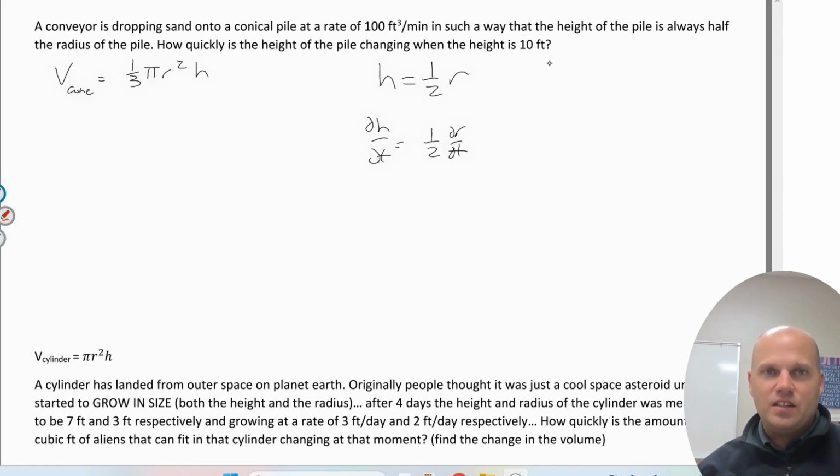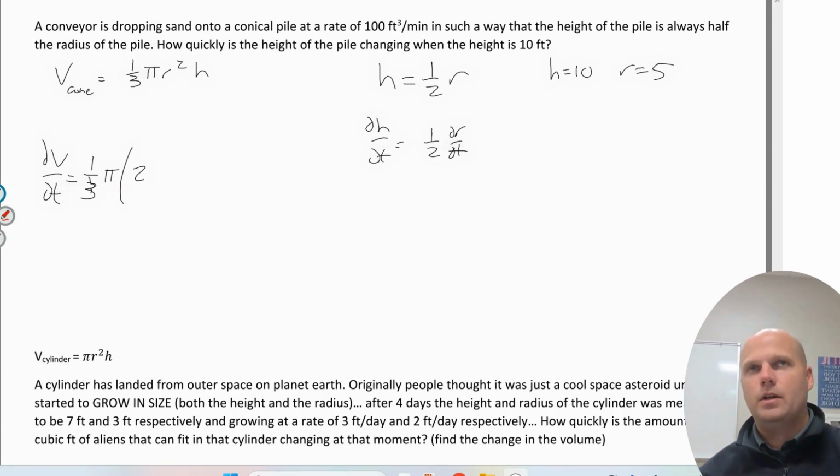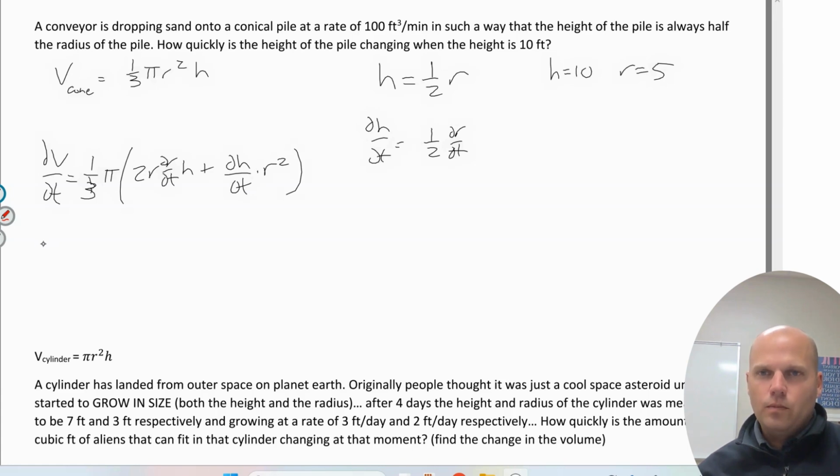When the height is 10 feet, the radius must be 5, and you just have to make sure you understand to use the product rule. Don't forget about the product rule, and don't forget about relationships of one formula to another one. In the first day of related rates, we just had the volume of a sphere. We didn't have to worry about product rule. But then we'd have the surface area that would incorporate it.